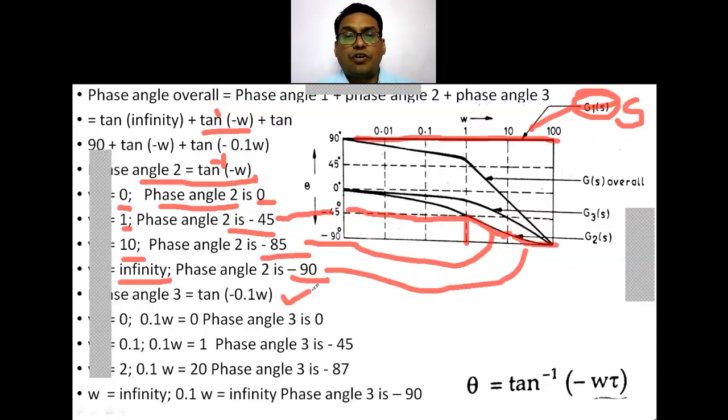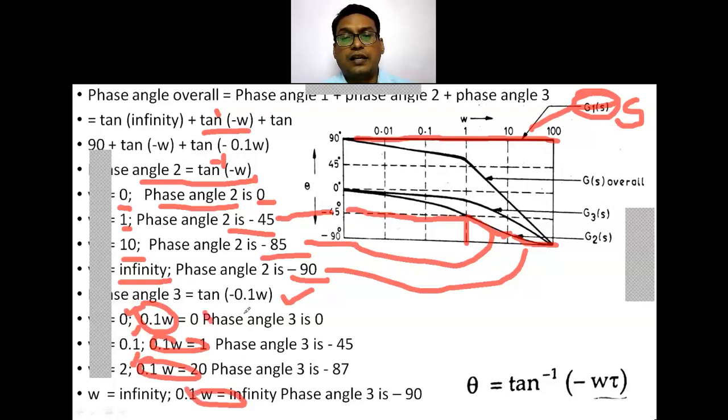Next is the third transfer function, that is tan inverse of minus 0.1 omega. So substituting the values of omega, here I have to take 0.1 omega equal to 0, 0.1 omega equal to 1, 0.1 omega equal to 20, and 0.1 omega equal to infinity.